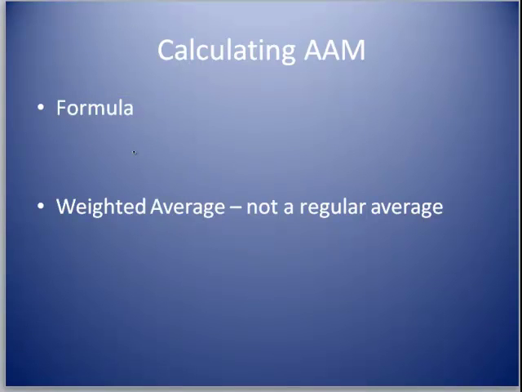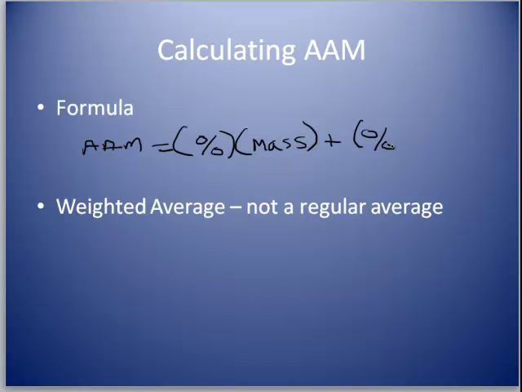The formula for calculating average atomic mass is: average atomic mass is equal to the percentage of one isotope times its mass, or its mass number, plus the percentage of the second isotope times its mass, for however many isotopes you have. So if you have three isotopes, you would add another percentage and another mass.